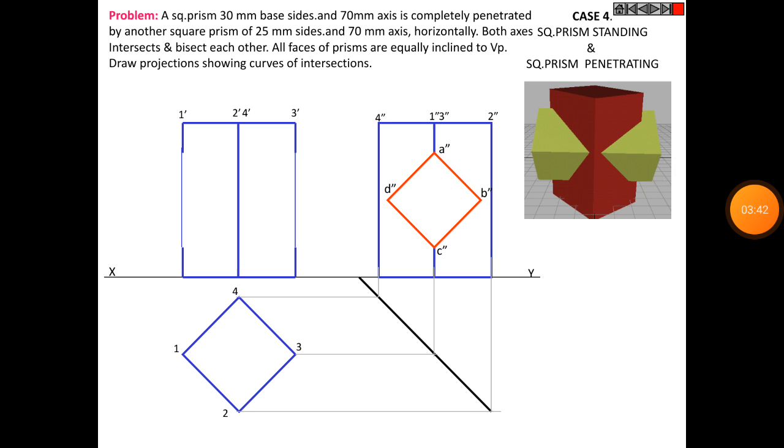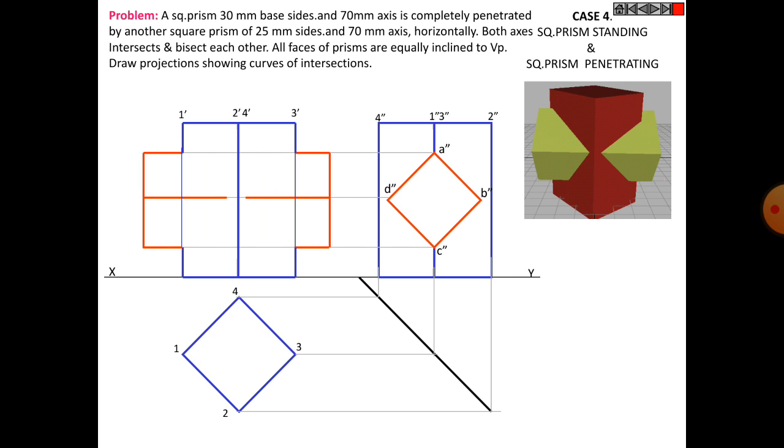Then extend these points A B C D dash on the front view, named A dash, B dash, D dash, C dash, and similarly mark the axis of that prism.